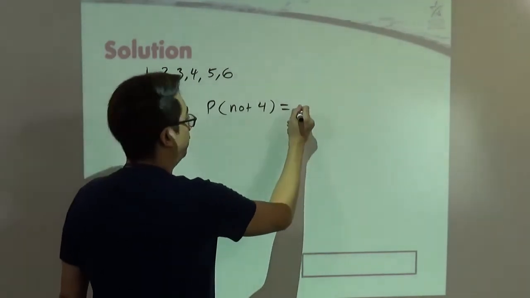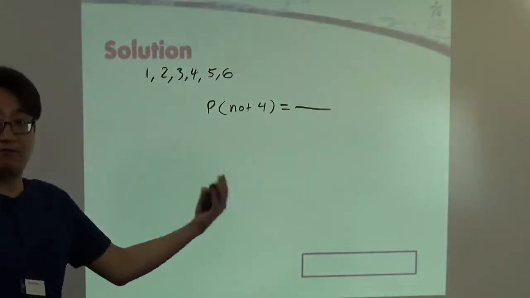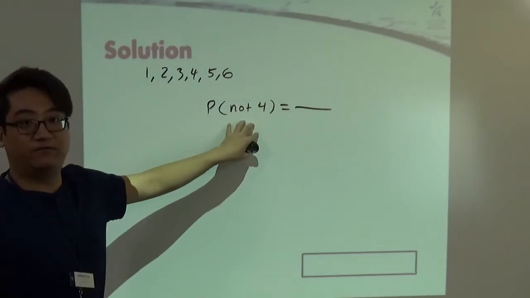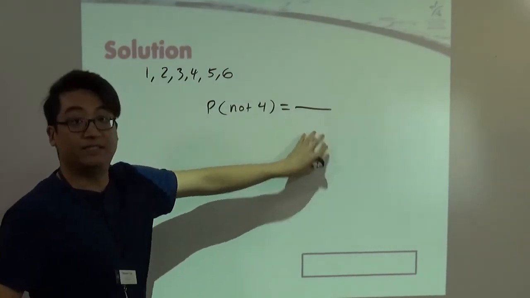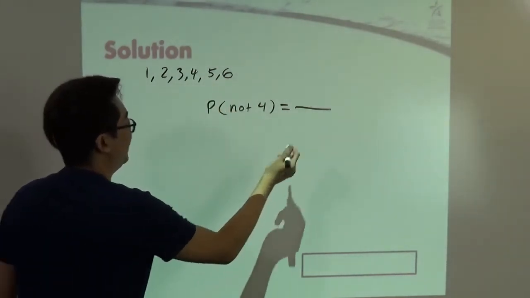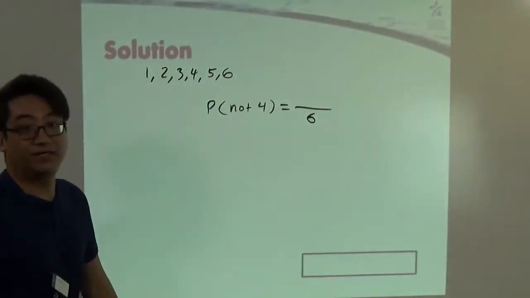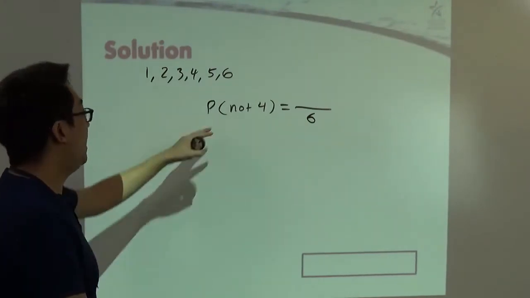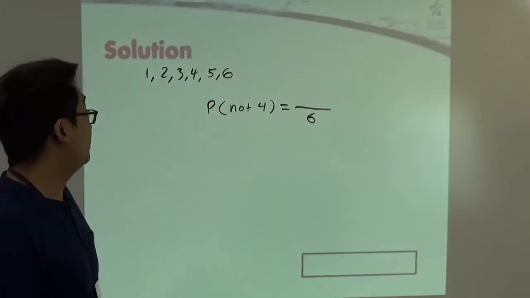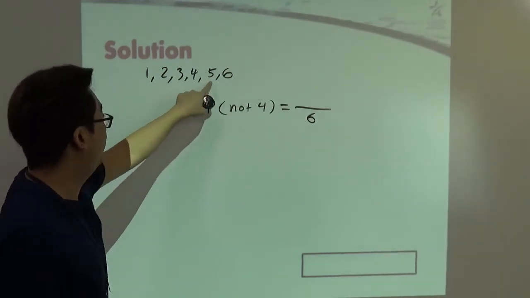So first off, we know probability is always a fraction. The top of the fraction is the number of outcomes where it's not 4, and the bottom is the total number of outcomes in general. The total number of outcomes is 6, because we have 6 sides of a dice. The top of it is we look at what is not 4. Which sides are not 4? We have 1, 2, 3, 5, and 6.